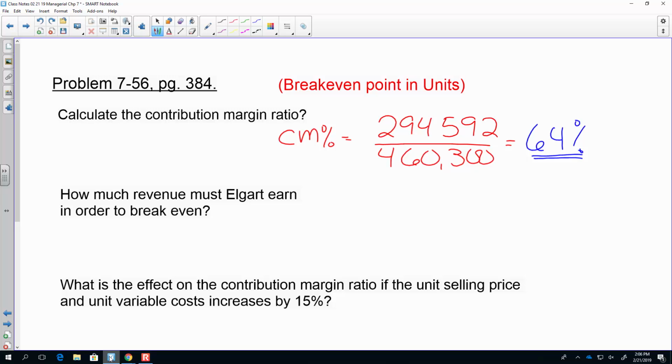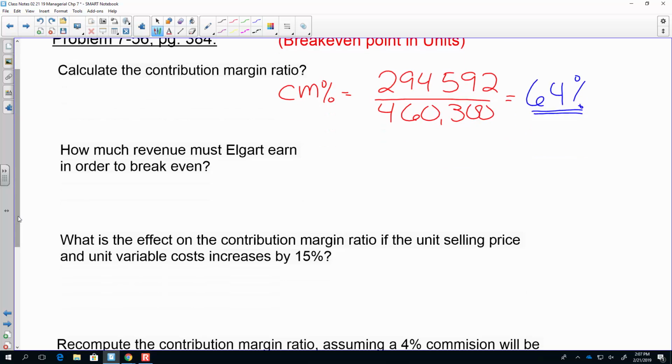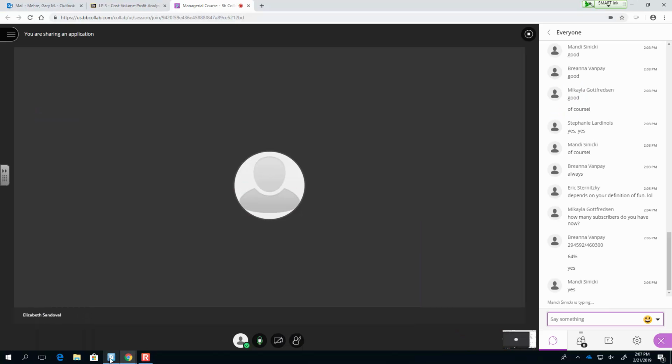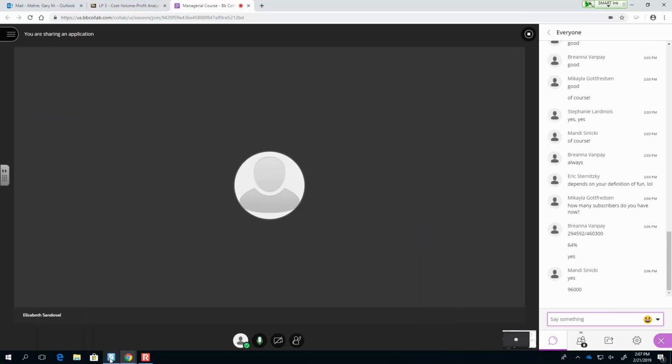That's awesome. And question 2, how much revenue must they make in order to break even? Well, they had fixed costs of $150,000. So very quickly we can take that fixed cost, $150,000. Bandy, are you out there? Can you give me this amount? $96,000.